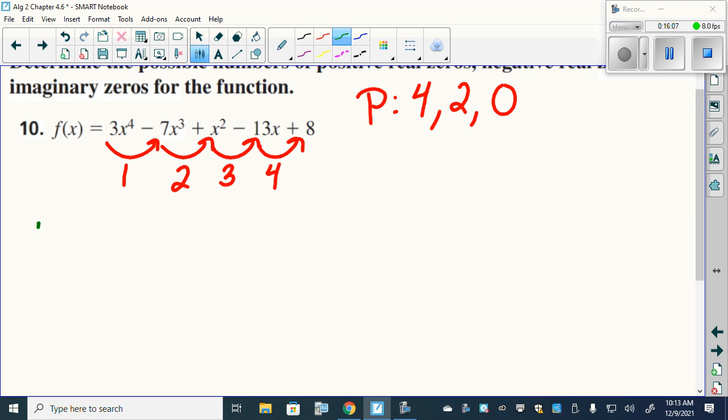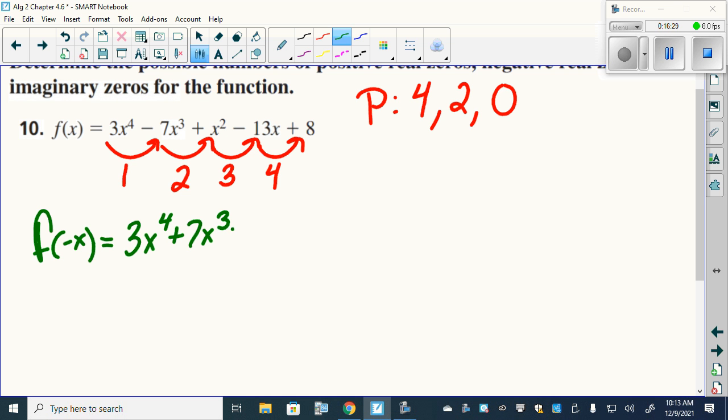Now let's look at the negative, f of negative x. So again, if the power is even, the sign will stay the same. If the power is odd, it's going to change. So 3x to the 4th is going to stay positive. The negative 7x cubed, the sign will change from negative to positive, so it'll give us 7x cubed.